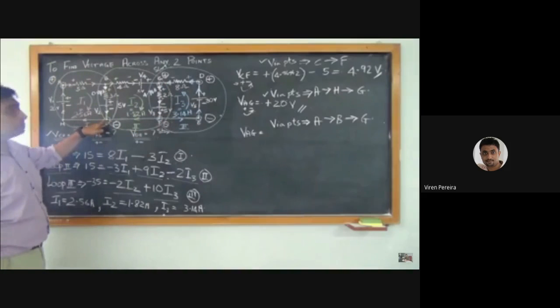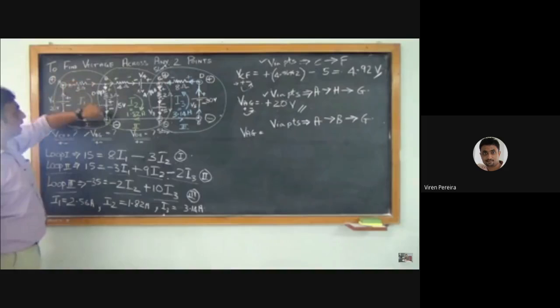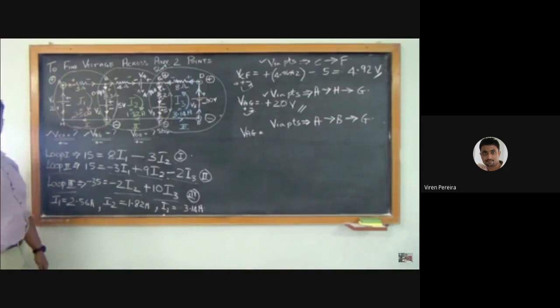Only what you have to remember is you have to start from one point and end at the other point, and highlight the positive and negative terminals of your multimeter.